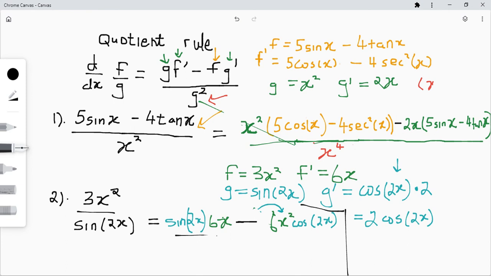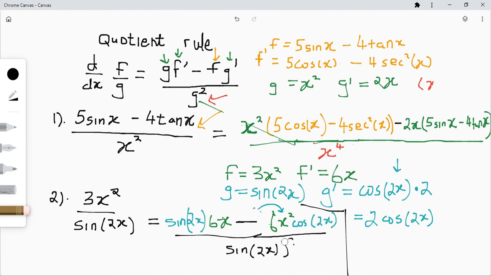Then in our denominator, it's g squared. Our g is sine 2x, so we have sine 2x squared.